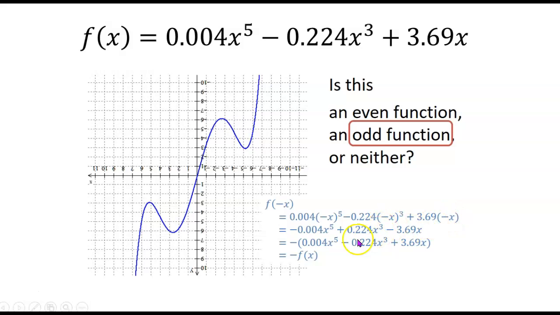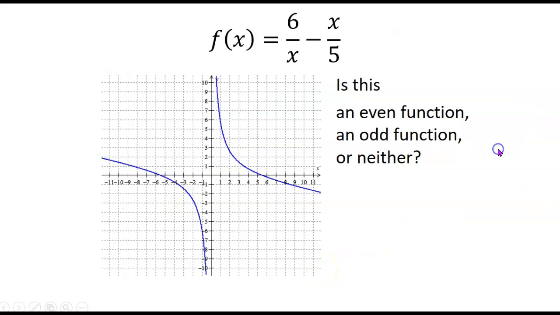Pull the negative out in front here. Then from all three of these terms, if I factor out a factor of -1, or just a minus sign, it's minus the quantity 0.004x to the fifth, minus 0.224x to the third, plus 3.69x. And that, inside the parentheses, without the minus, is what f of x originally was. So that shows that f of negative x is equal to the negative of f of x, which means, by definition, it's an odd function.